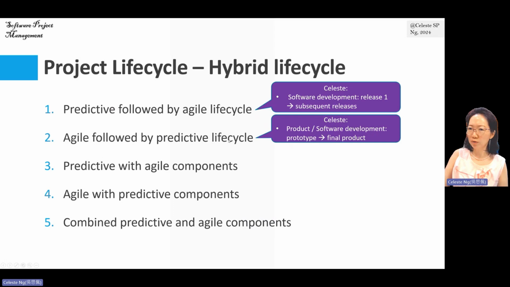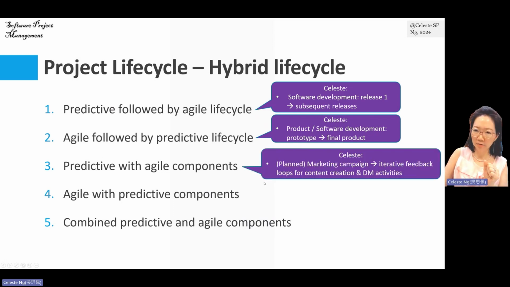All right, so we use the agile project lifecycle method to develop our prototype. And once the prototype requirement has been well defined, then we go to predictive project lifecycle.